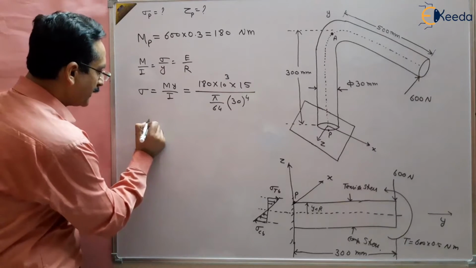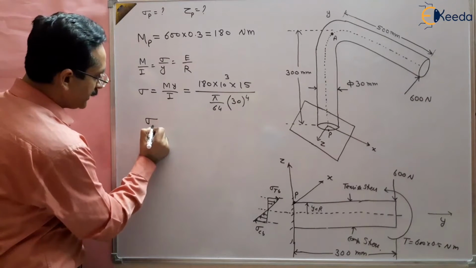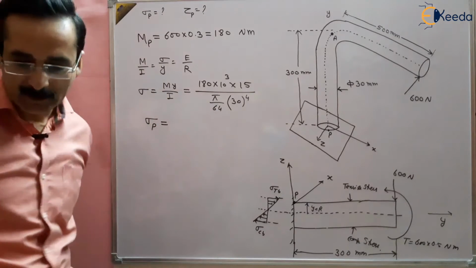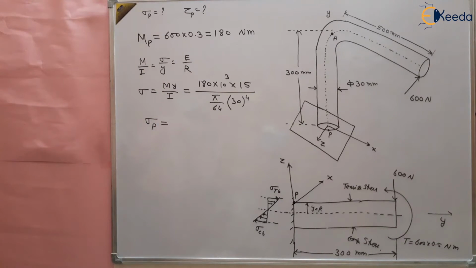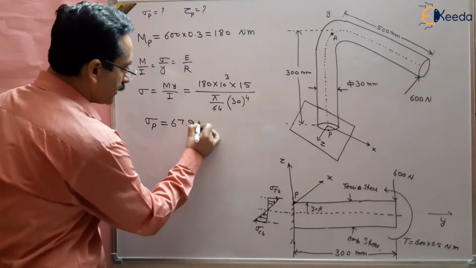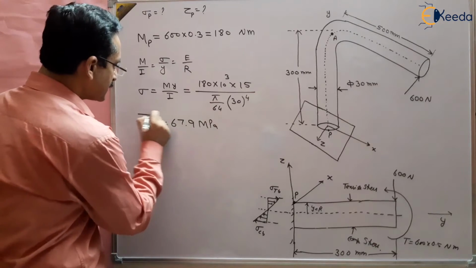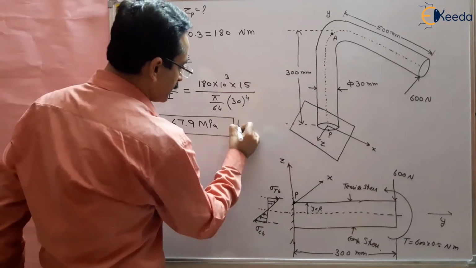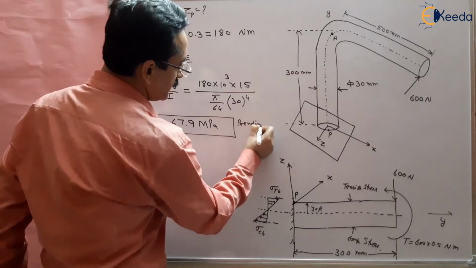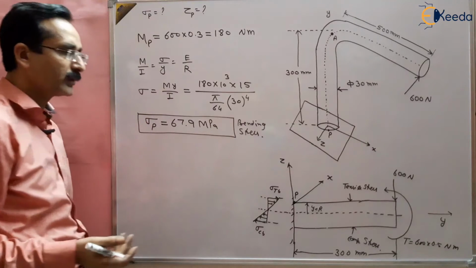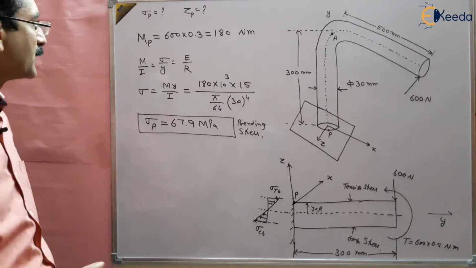So the bending stress at point P, solve it and you will get the answer, that is 67.9 megapascal. This is the normal bending stress at point P, right?